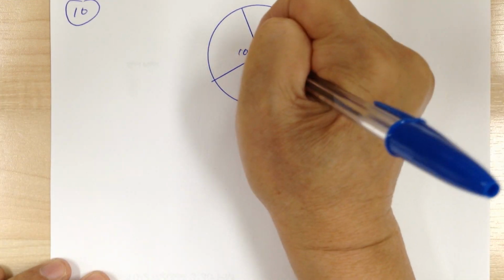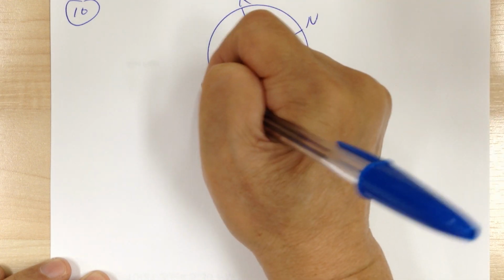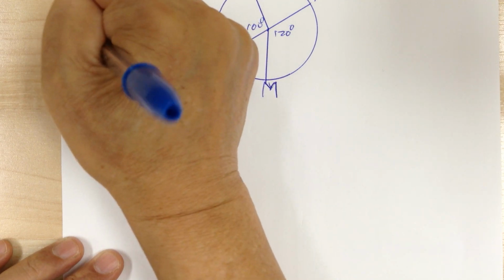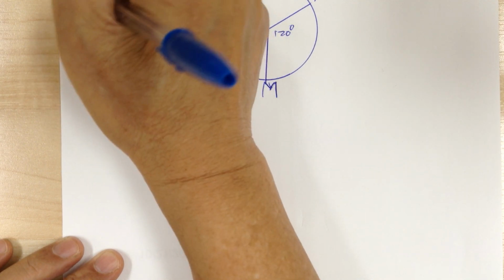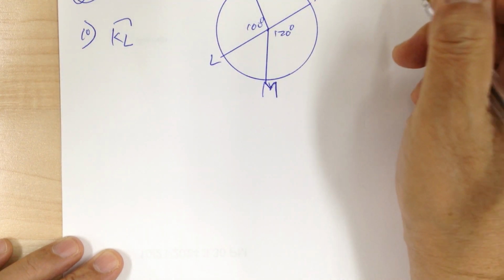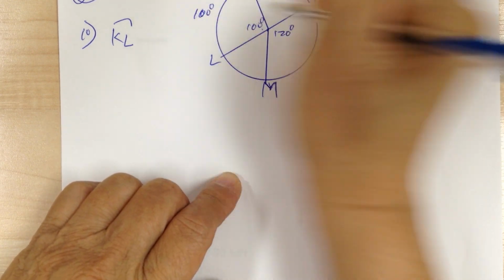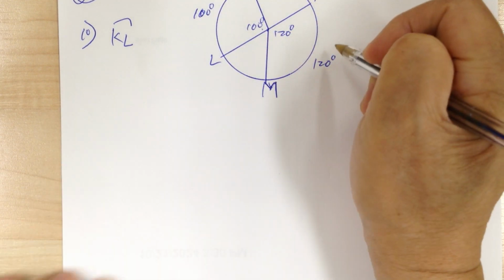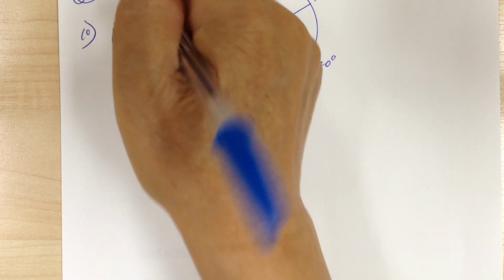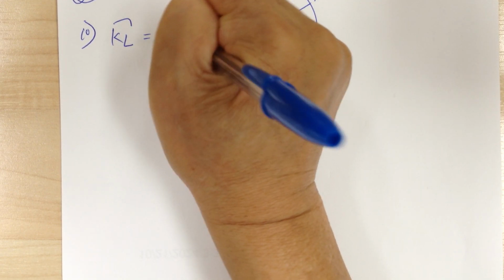This is 100 degrees, 120 degrees, K, N, L, M. So number 10, you're looking for arc KL. If this is 100 degrees, this would be 100 degrees. If this is 120, this would be 120. So KL is 100 degrees.